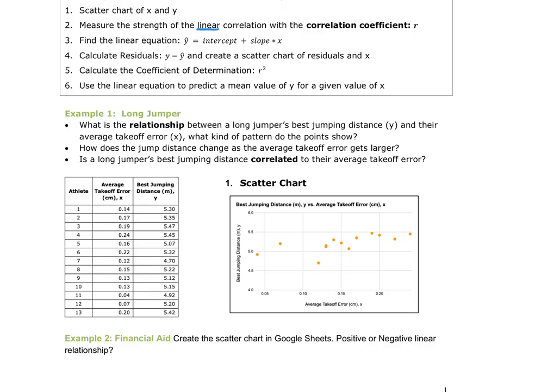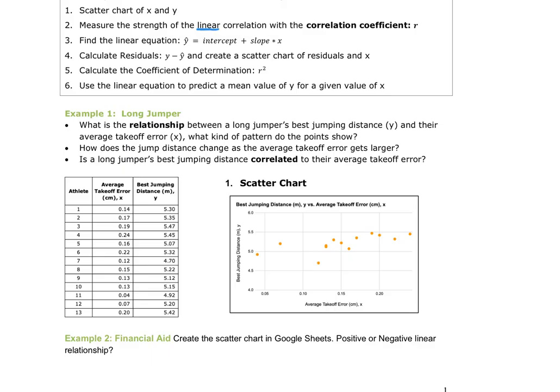All right, so if we check out the data, we've got 13 different athletes. For each of them, we have a value for the average takeoff error, the x value, and we have a best jumping distance, the y value. And then in the scatter chart, each of those athletes is represented by a point.